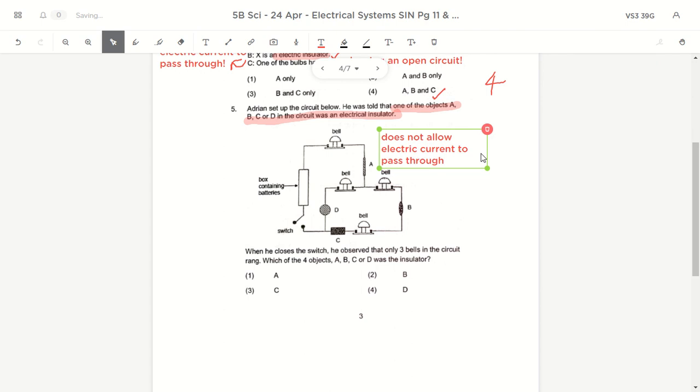Every time you have a keyword like electrical conductor or electrical insulator, write down what you know about them.